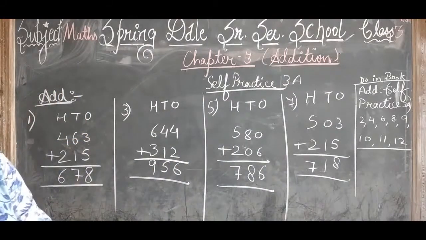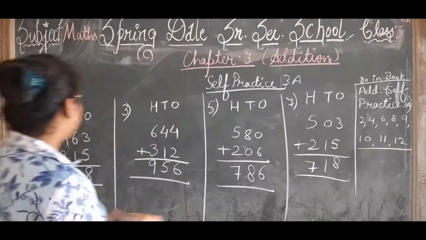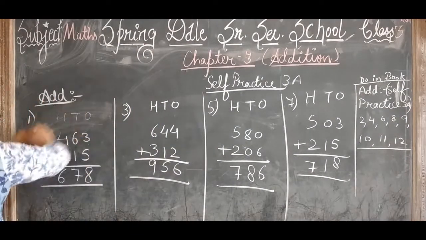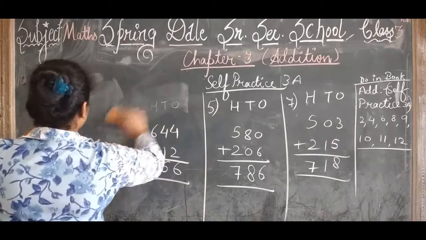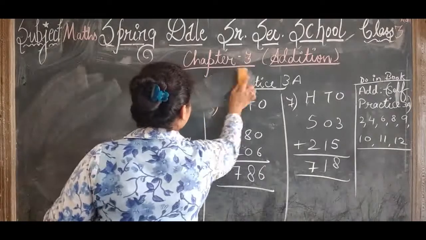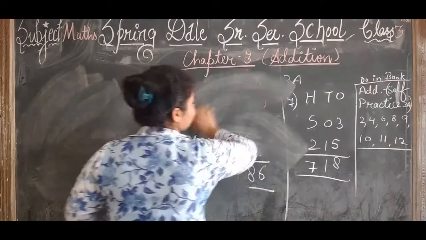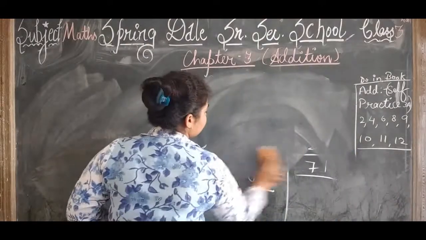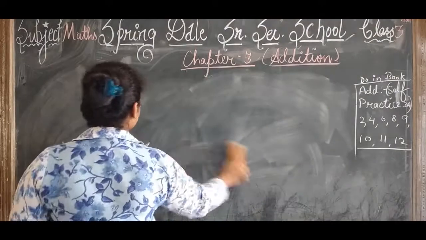Okay. Now we will start with the exercise 3B. Okay children. Write this homework in your diaries so that you will not forget to do this work.